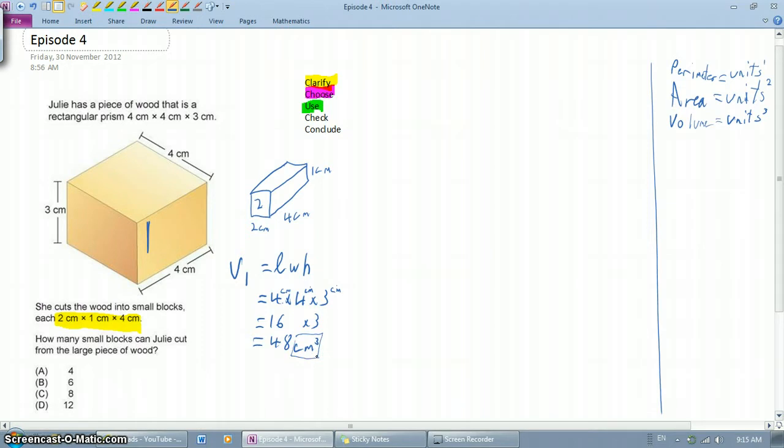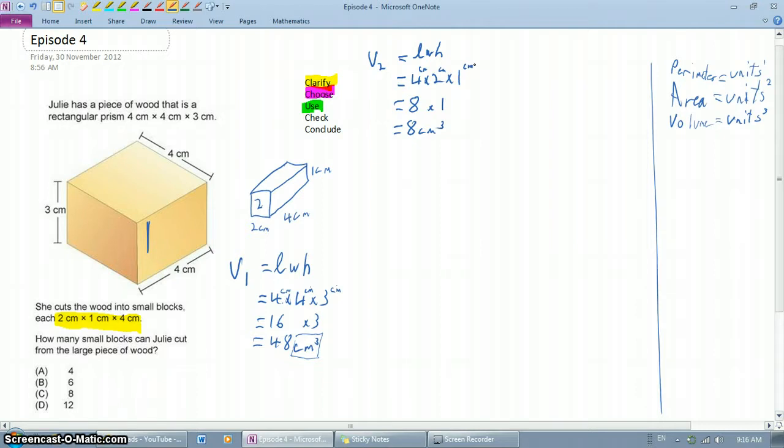For volume 2, again, stating formulas, length times width times height equals 4 times 2 times 1 equals 8 times 1 equals 8 centimeters cubed. Again, I forgot to put my units in, that's very lazy of me. Now I have the volume of the large prism and the volume of the small prism.